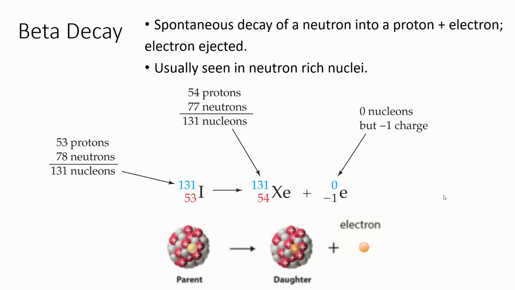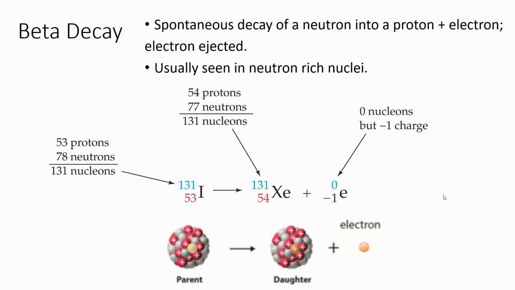Most heavy elements have many more neutrons than they do protons. However, there's a balance, and it's possible for a nucleus to be unstable because it has essentially too many neutrons. And so that type of nucleus might undergo beta decay.